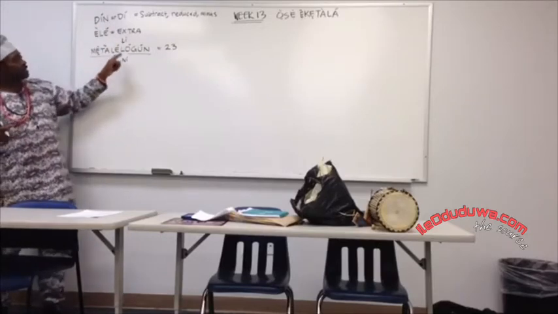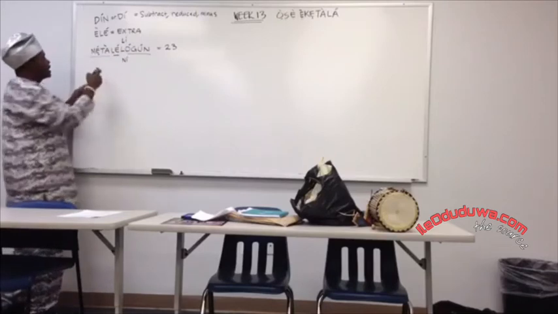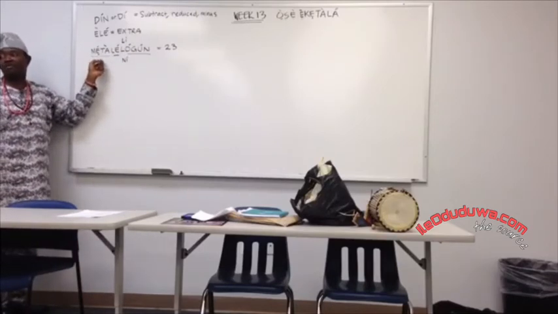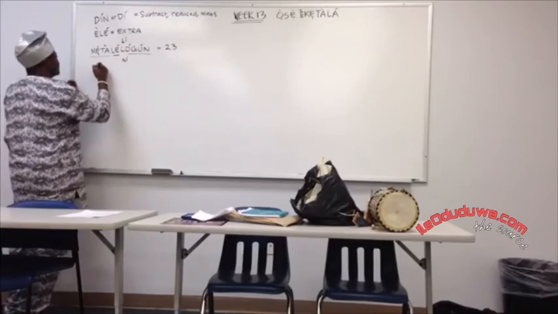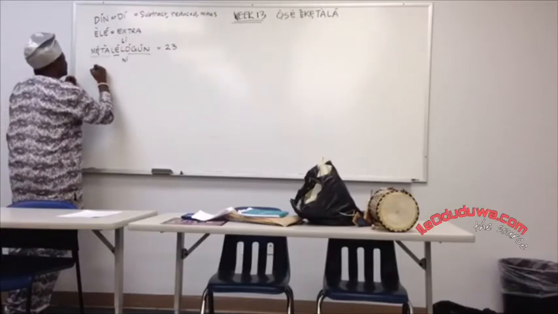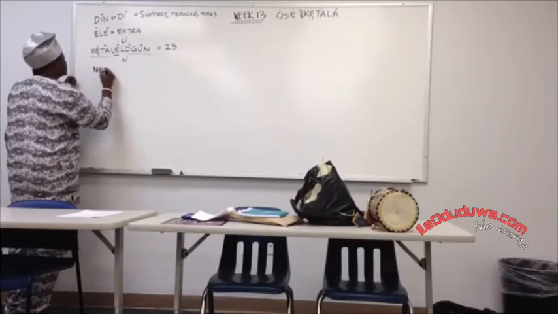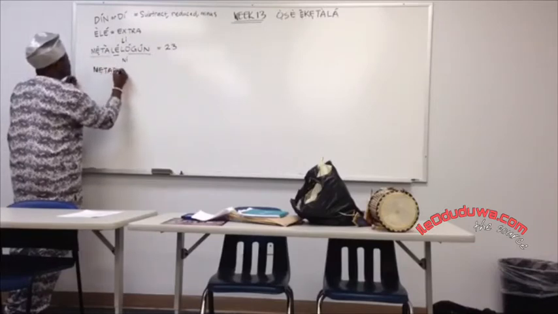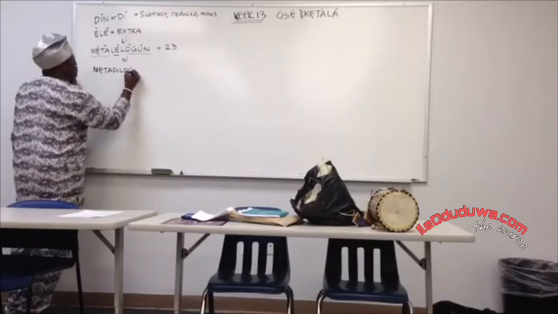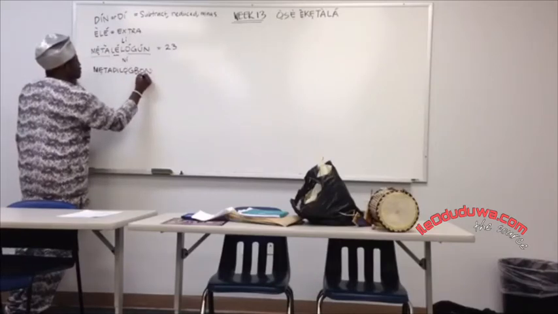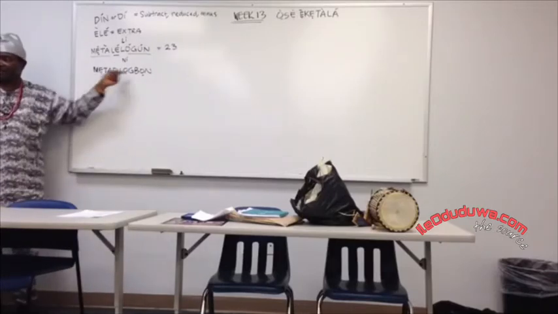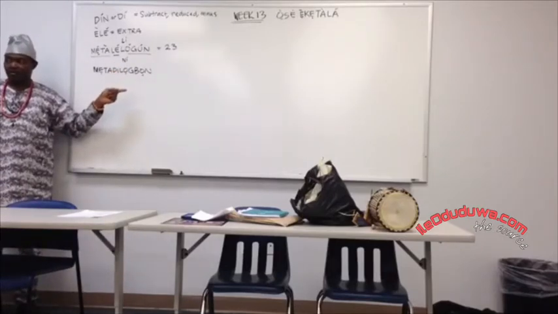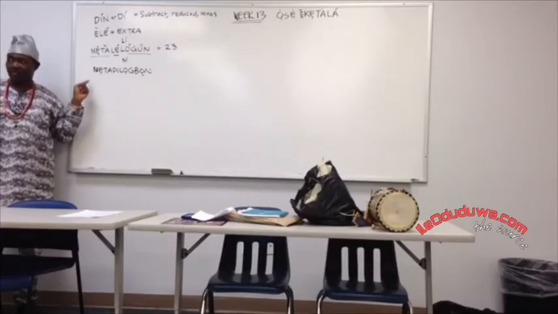Okay, so meta le logun. I can say meta di logun because that will be what? 27, right? Then I explained that while they are constructing these words together, when they are mixing those words together, they drop some letters for a reason, so you can have smooth pronunciation.